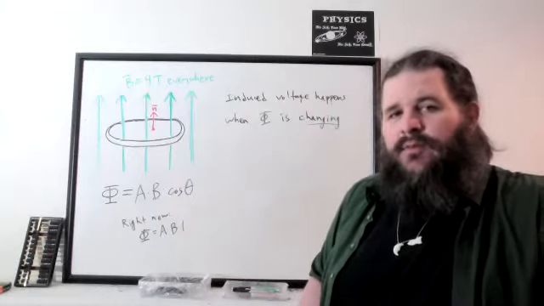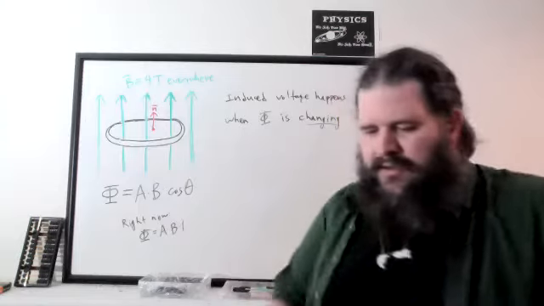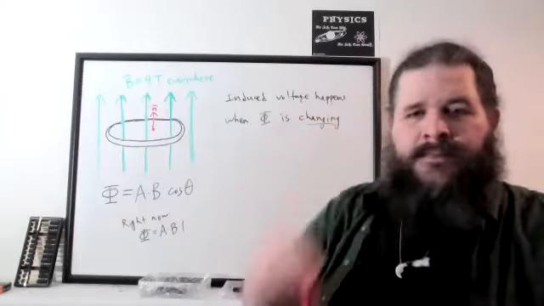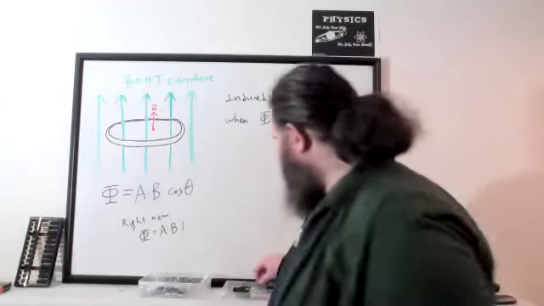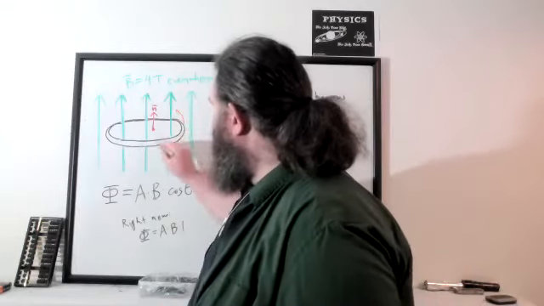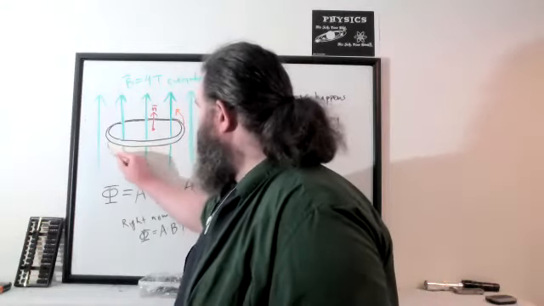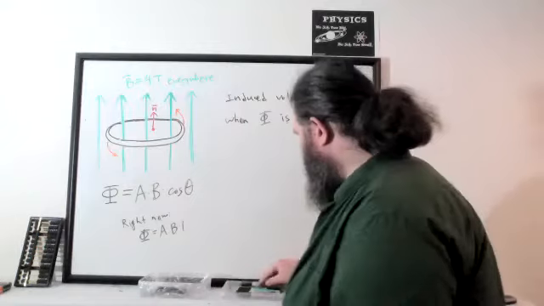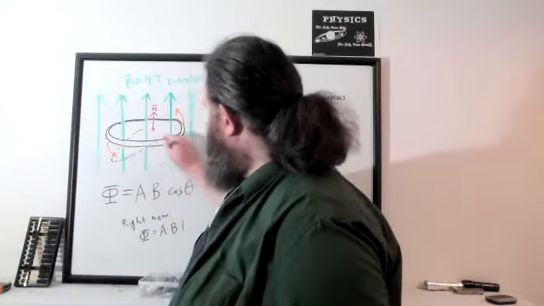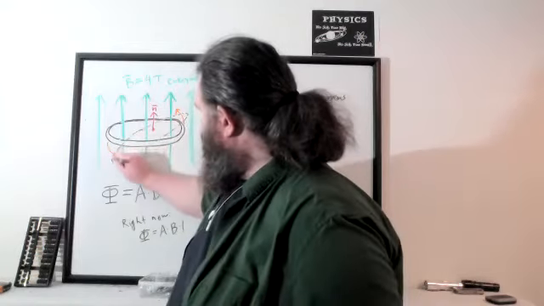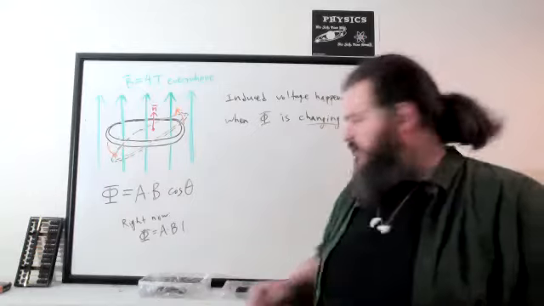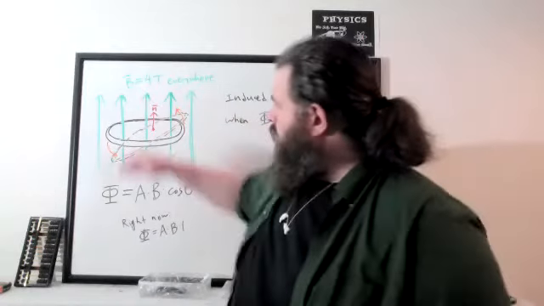Usually the way a generator works, most generator setups, is you take this loop of wire in the presence of a magnetic field and you start spinning it. Because if you spin this, let's say we rotate this way, we've got a new orientation of the loop of wire, which is going to mean we get a new normal vector.